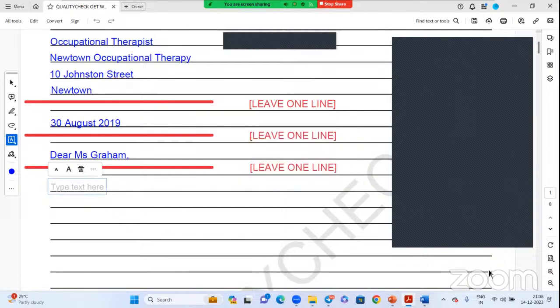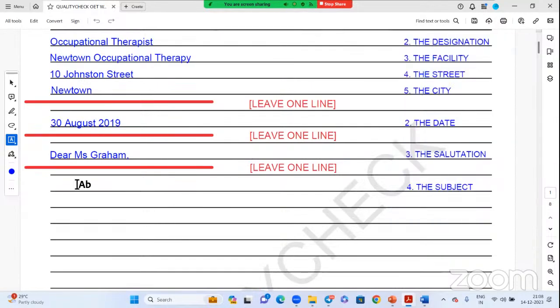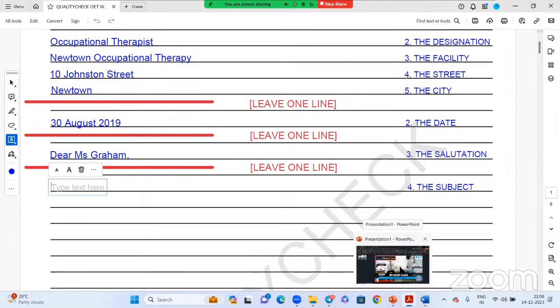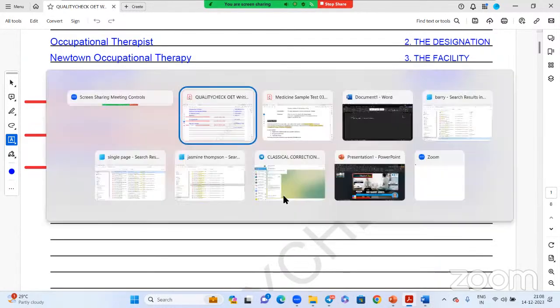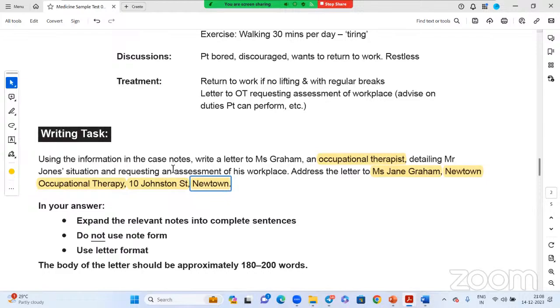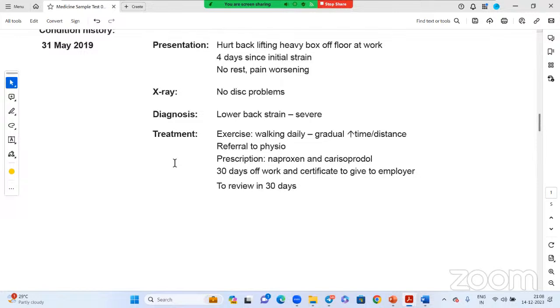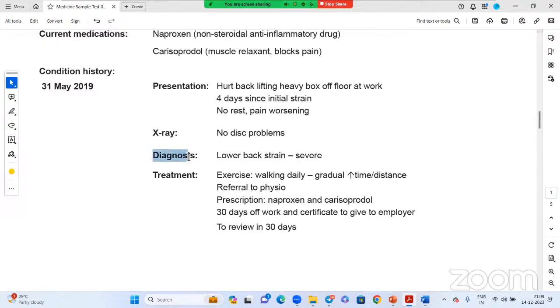So subject line. Next one, you'll write the subject line here. Subject line is, you see, what is the diagnosis? This is the diagnosis.